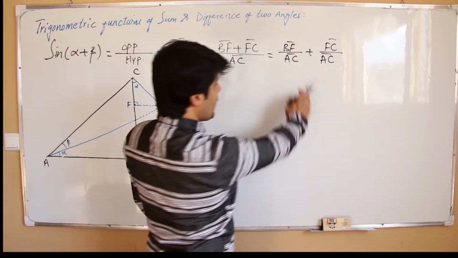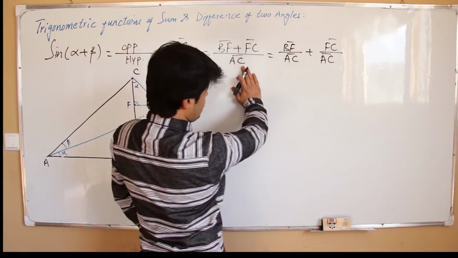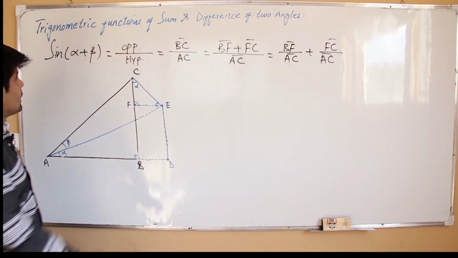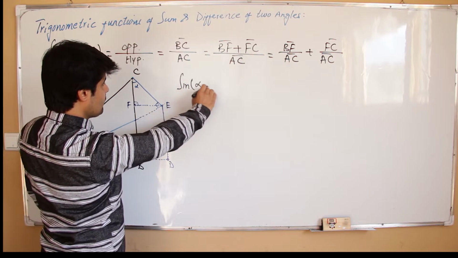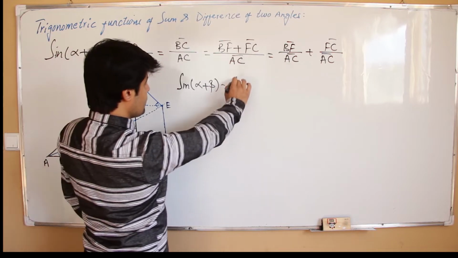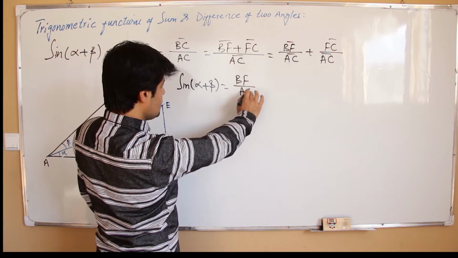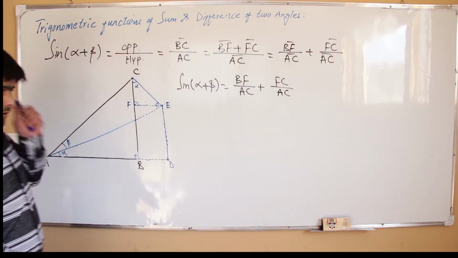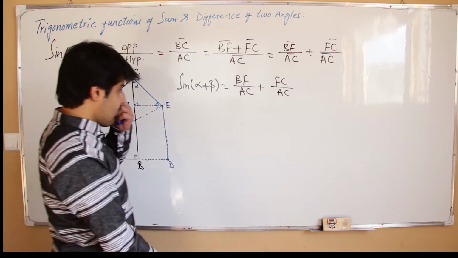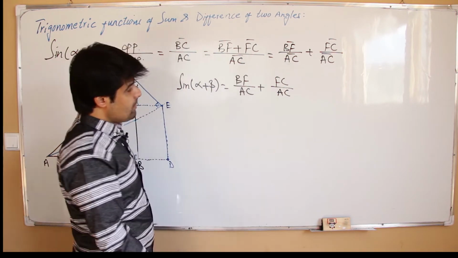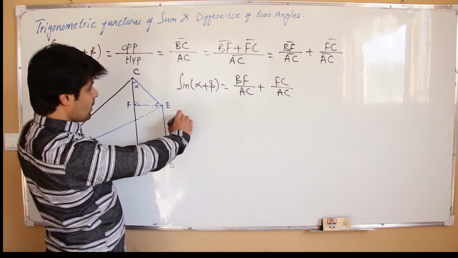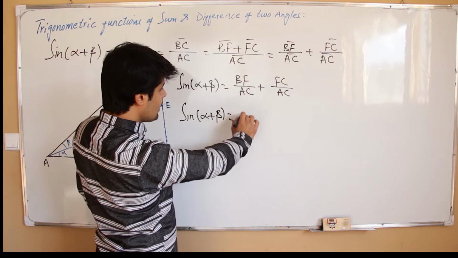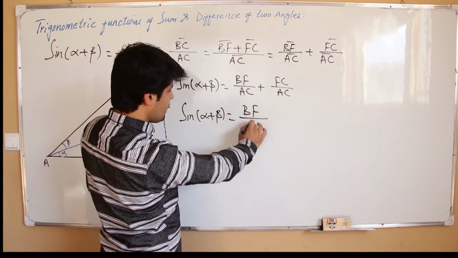We have AC as a common denominator. So sine of alpha plus beta is BF by AC plus FC by AC. Am I right or not? In the numerator we have BF and FC, and in the denominator AC.